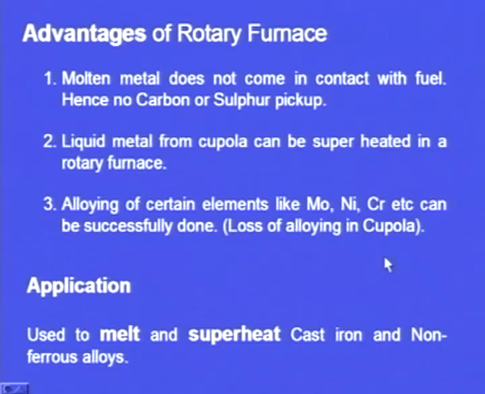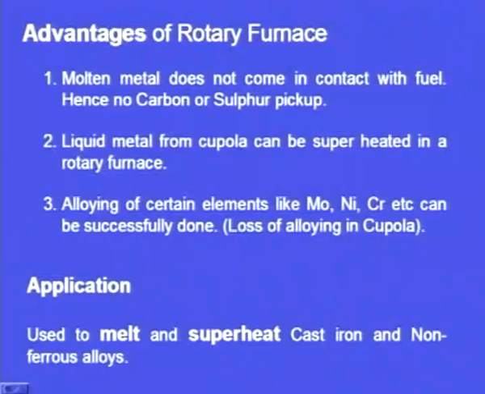In such cases we can tap the molten metal from the cupola furnace and we can feed it to the rotary furnace, and inside the rotary furnace it can be superheated and the required temperature can be obtained, and it can be used for alloying of certain elements like molybdenum, nickel, chromium. If we want to alloy these elements using cupola furnace, these will be oxidized. Within no time they will be oxidized and we will be losing them.